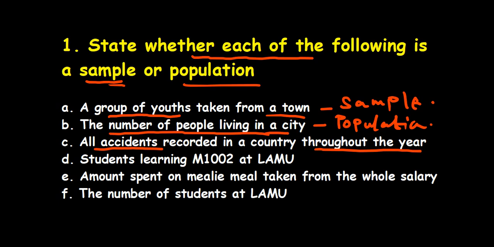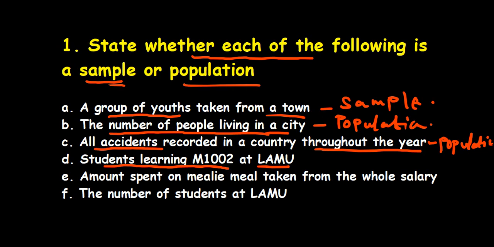So we are considering all the accidents within that particular country and for the entire year. So this one here is a population. And then D, they're saying students learning math 1002 at LAM.